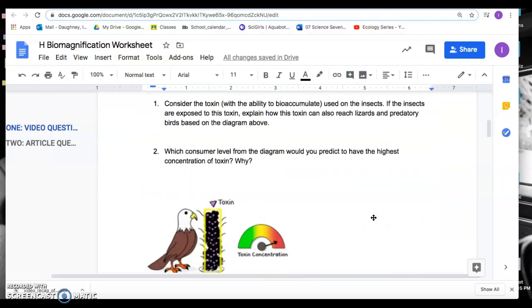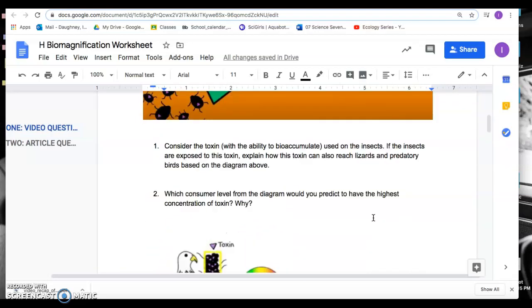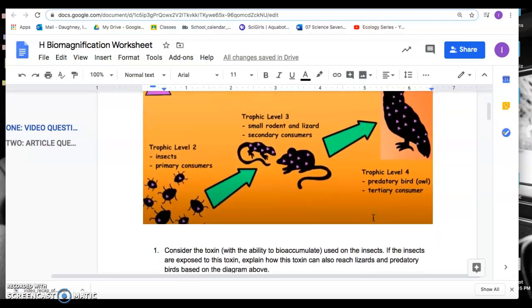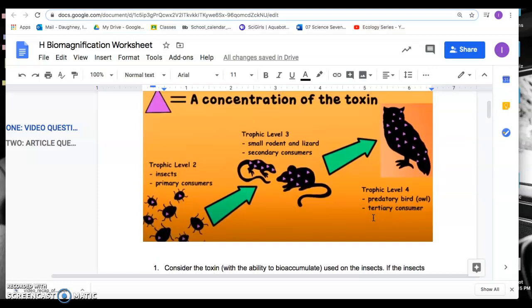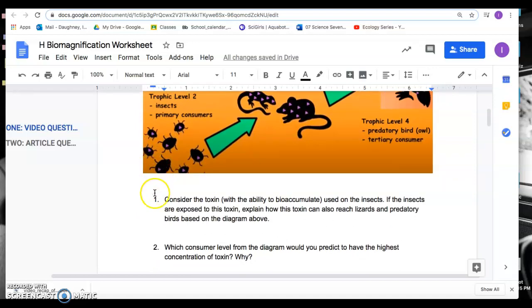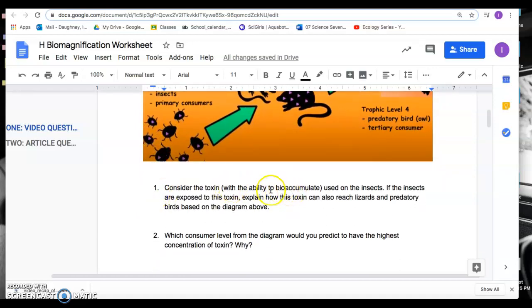And a lot of these answers are a little open-ended, so I want you to be able to talk about it in your own words in a few sentences, right? So here's our question: consider the toxin with the ability to bioaccumulate, which is another word for biomagnify, right? It's the same thing.